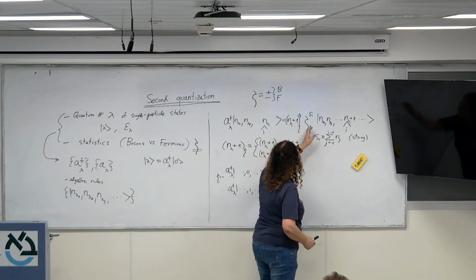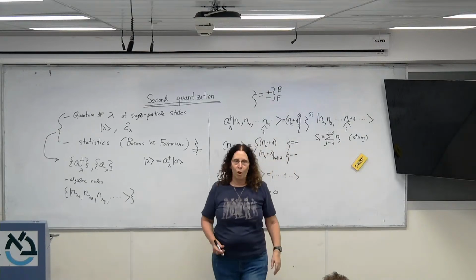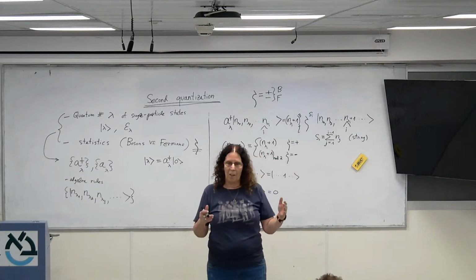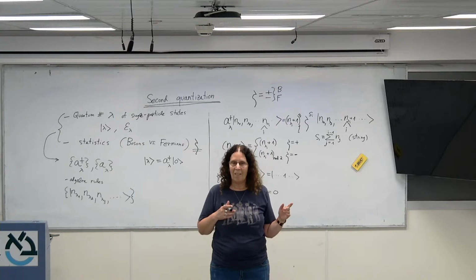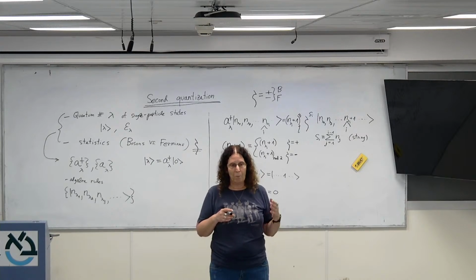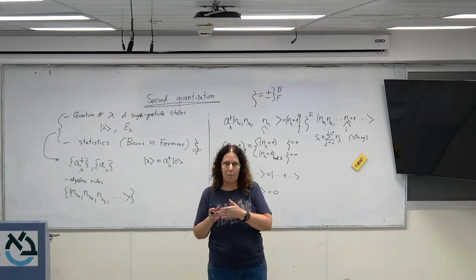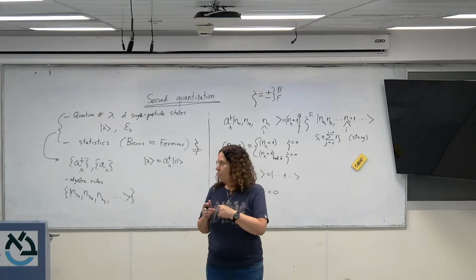Why is it important? Because it keeps track of the occupations of the other particles in such a way that if I now try to create another particle, it matters how many permutations I need to make to get to it, okay?